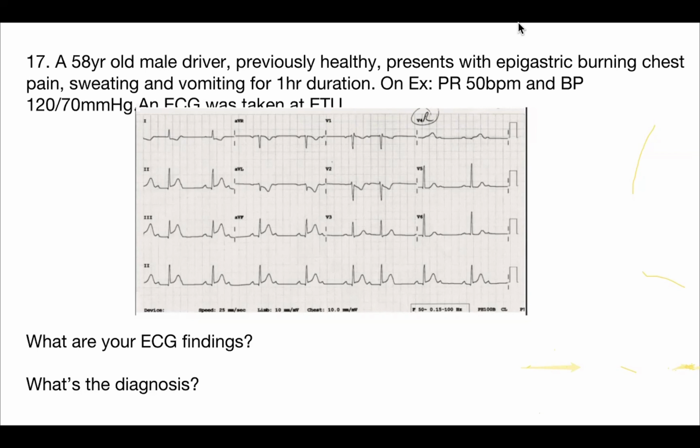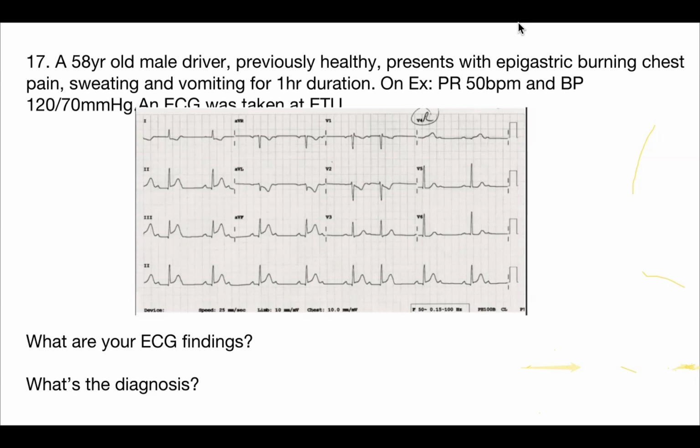Yeah, so there's complete heart block. Is it all? Now the patient came with epigastric burning chest pain. Inferior STEMI, sir. Yeah, so the complete heart block is the complication, isn't it? So inferior ST elevation MI complicated with a complete heart block, right?